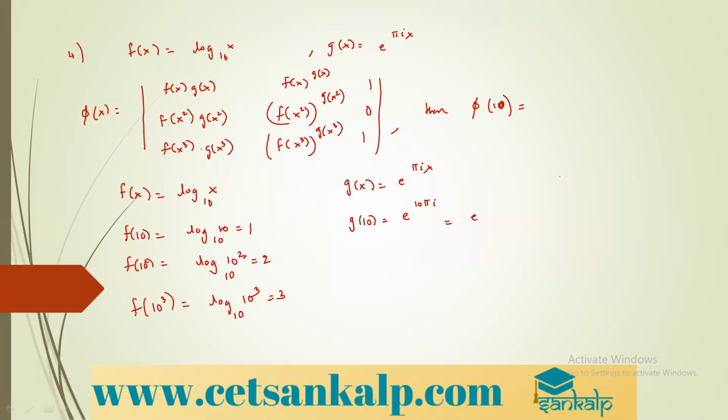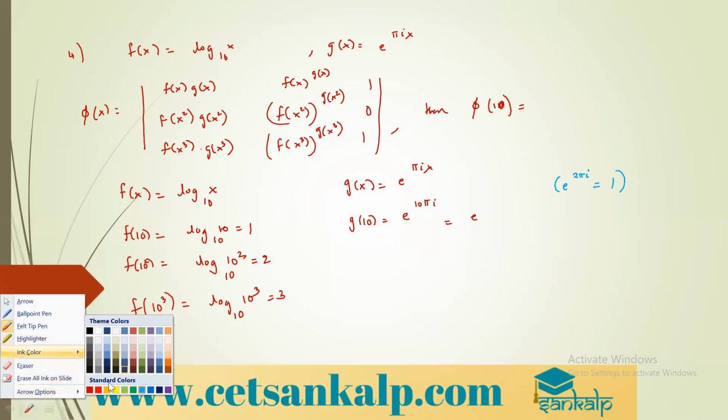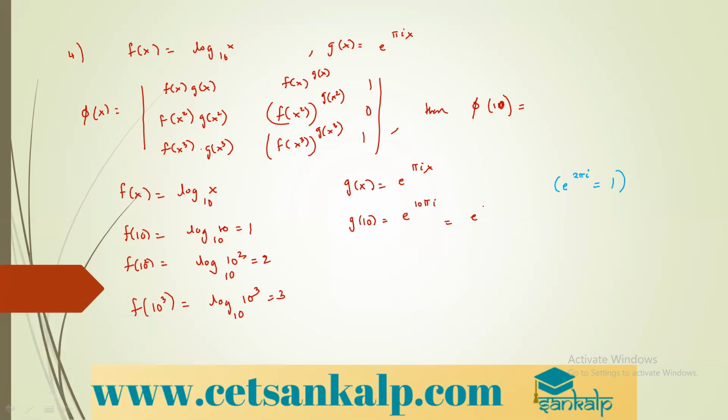This formula we will be using. E power 2 pi i is equal to 1. This formula we will use. So using that, how will I write here? I will write e power 2 pi i and then whole power 5. So 1 power 5 will be 1.